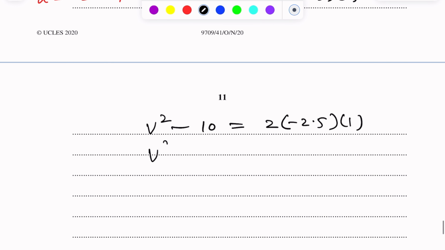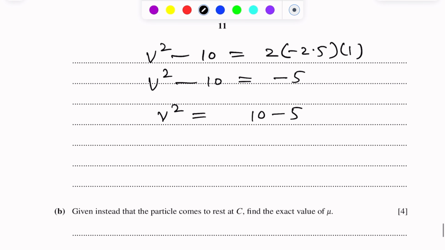We get v square minus 10 is equal to minus 5. From here v square is equal to 10 minus 5, that is 5.